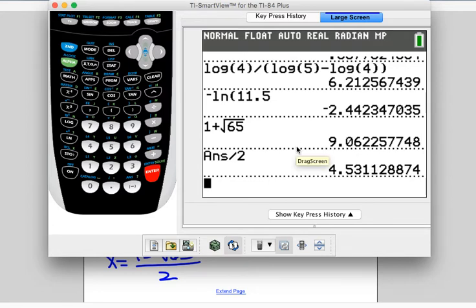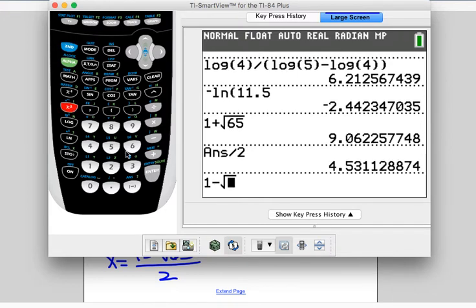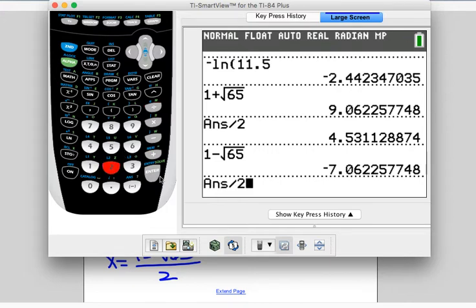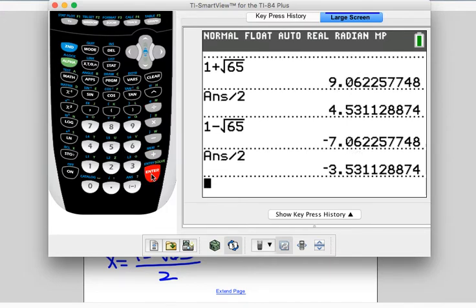Then I'm going to do my other answer, which is 1 minus the square root of 65, and hit enter. And then we're going to divide that by 2. So we get negative 3.5311.